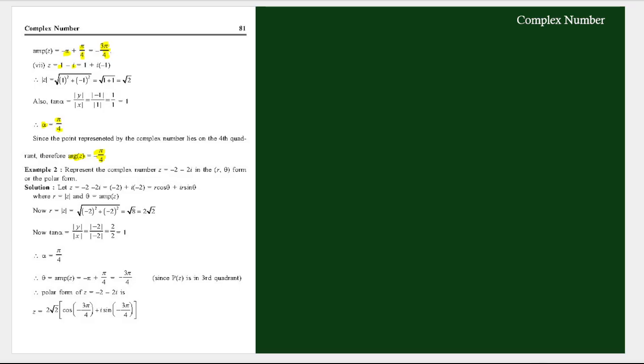You have to find out in which quadrant it lies using the complex value, the real part and the imaginary part, using the x and y values. You have to plot it in your mind by yourself, where it will get plotted. See the lines in the picture. If both are positive, it will lie in the first quadrant.